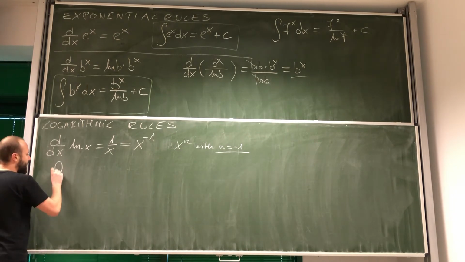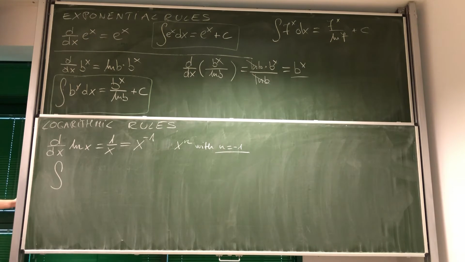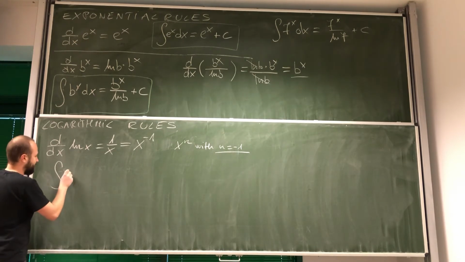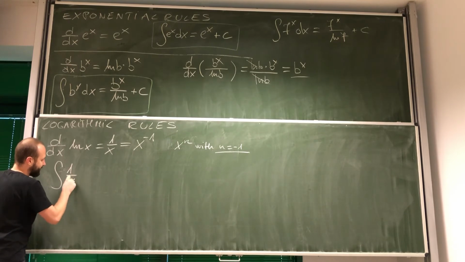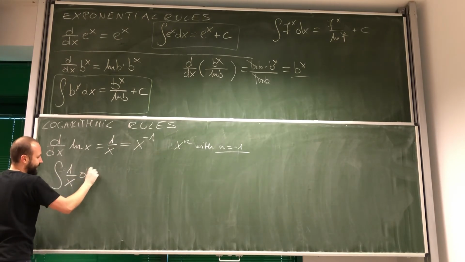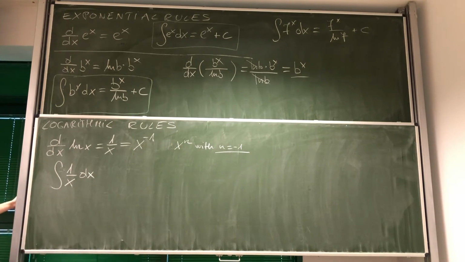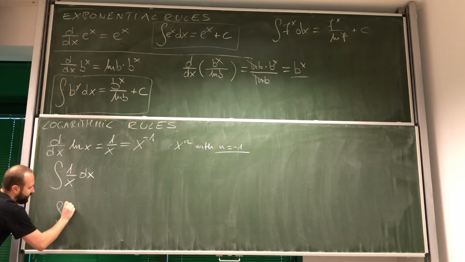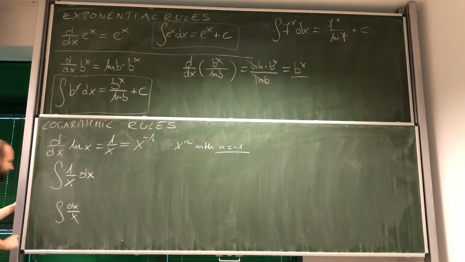Okay, and look, out of this, we should get right away the solution. So, if I'm going to calculate the integral of 1 over x, which is of course equal to the integral of x to the power negative 1 dx, which we also remember can be written as the integral dx over x, which is a relative change in x.